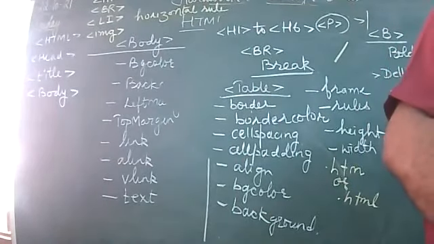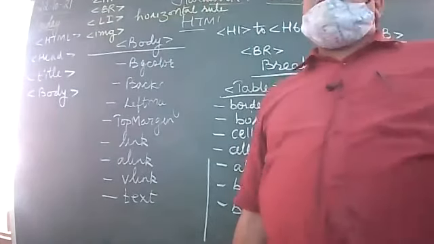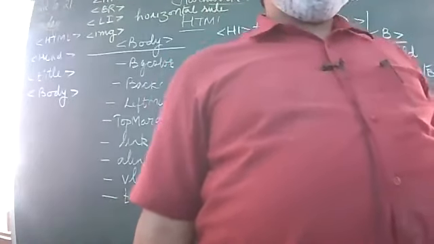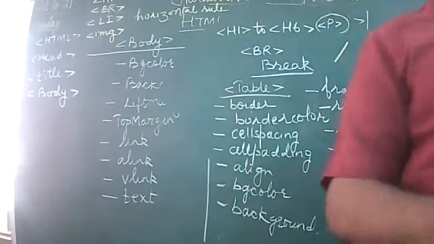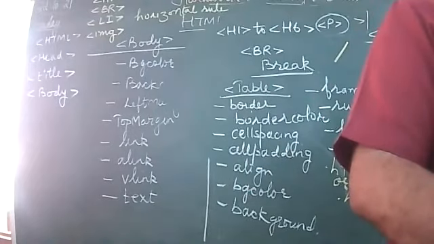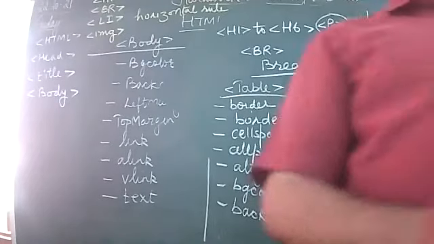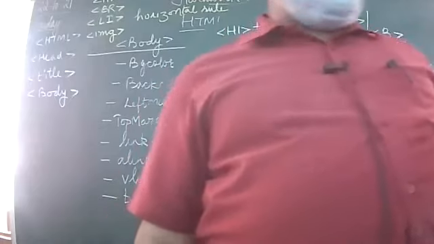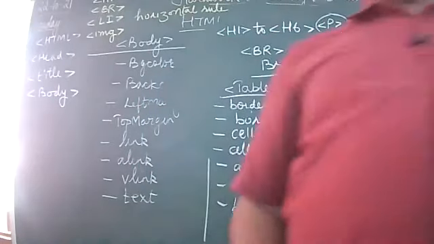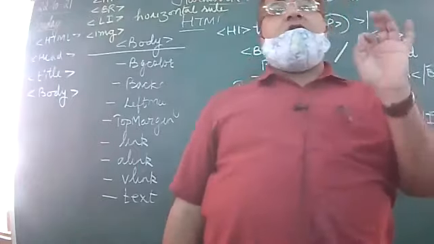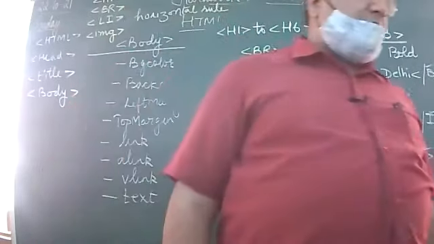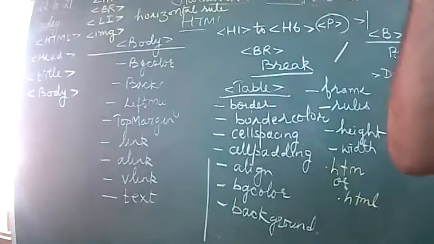I tag. It is used to tilt the text. Again, you can refer to page 74. Okay. SUP. First of all, tell me what is the full form of SUP? Superscript.